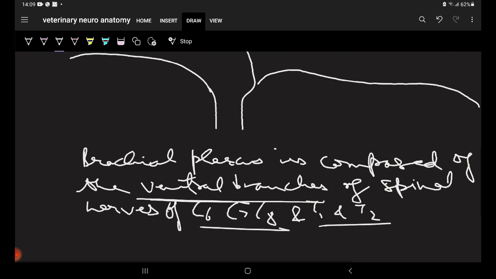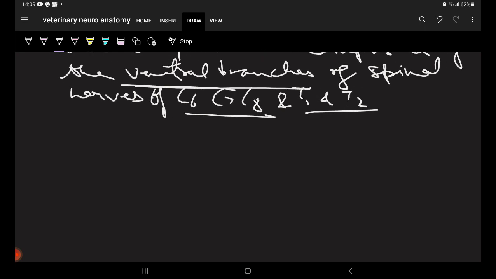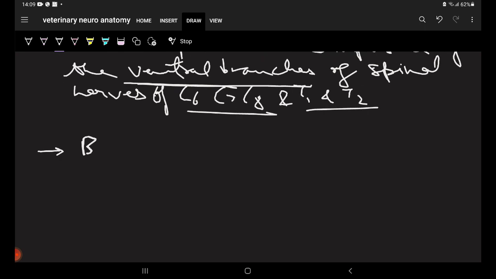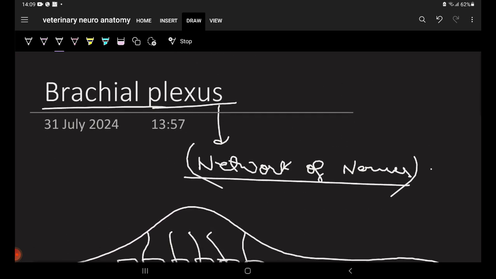So where is this brachial plexus situated? It is situated here. I will write brachial plexus in short as BP. Okay.